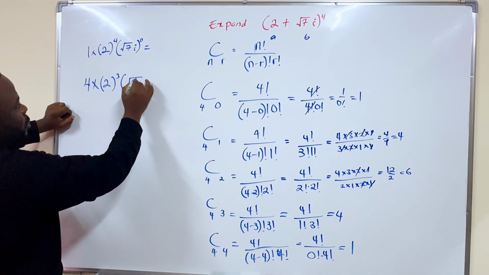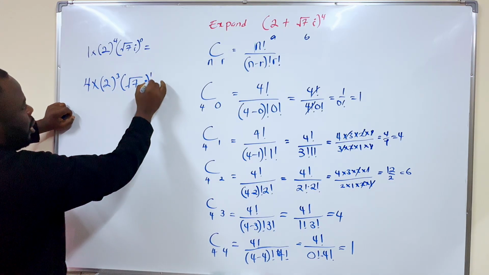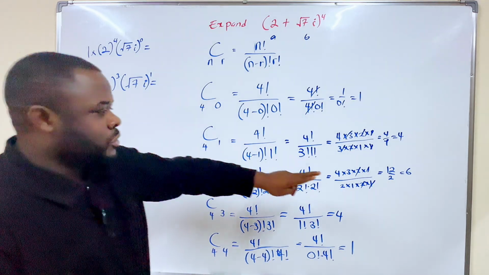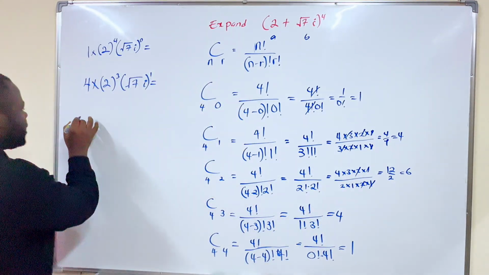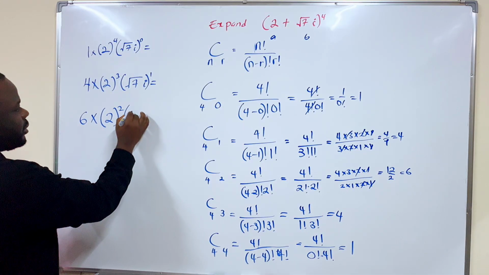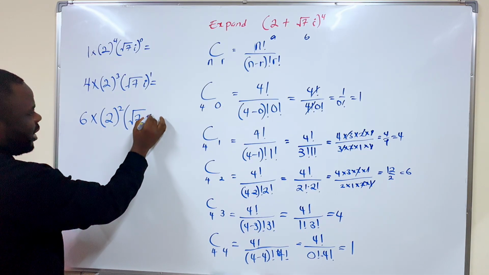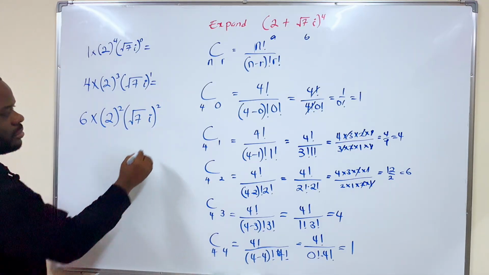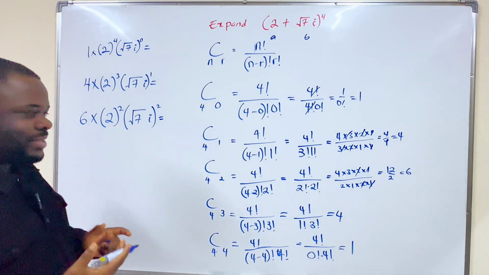Then multiply by square root of 7i to the power 1. Okay? So we also go to 6. We say 6 multiplied by 2 to the power 2, square root of 7i to the power 2. So whatever we get, we write it.